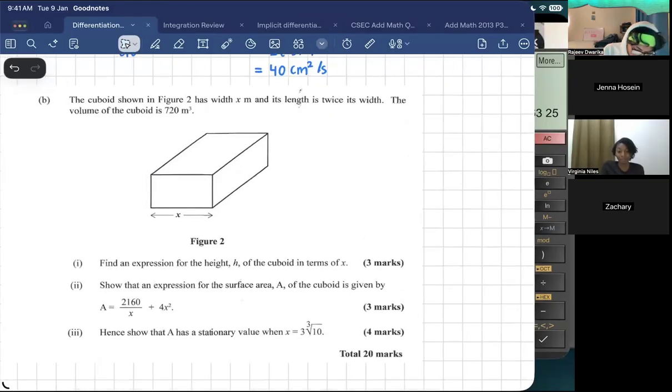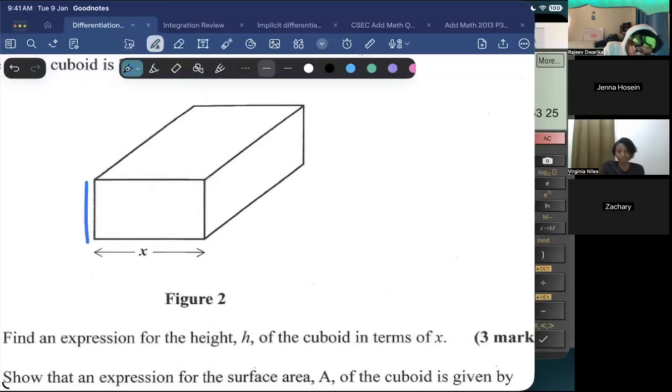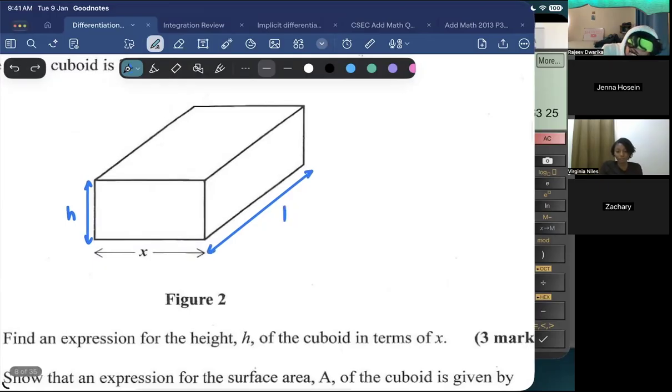Part 1 says find an expression for the height of the cuboid in terms of x. So do you agree that this will be the height? Yes, sir. And this will be the length, exactly. So the length would be 2x.